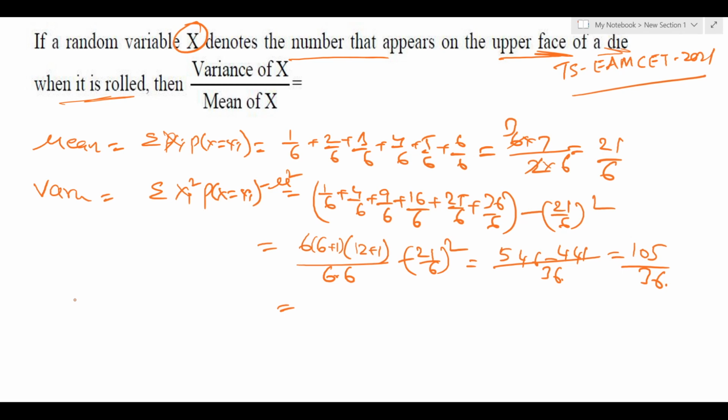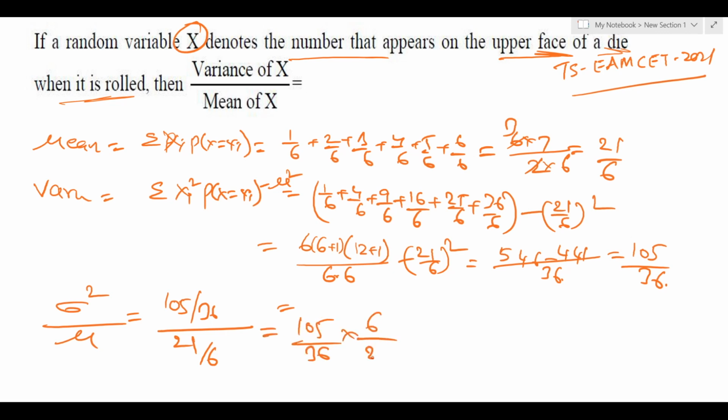Now we find variance of x by mean of x. Variance is sigma square by mu. Sigma square value is 105 by 36 and mu is 21 by 6, that is equal to 105 by 36 into 6 by 21.